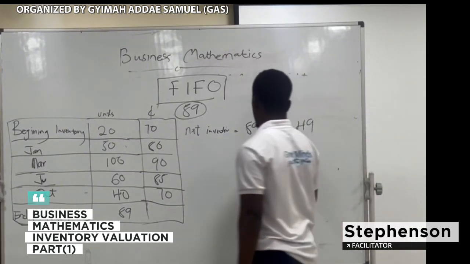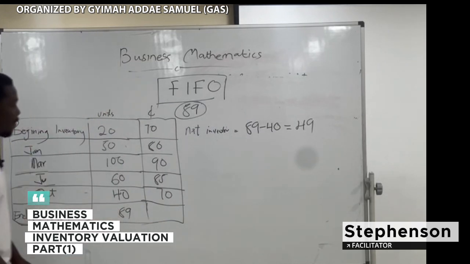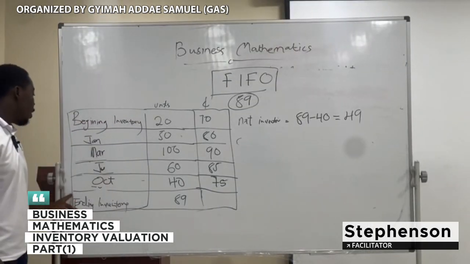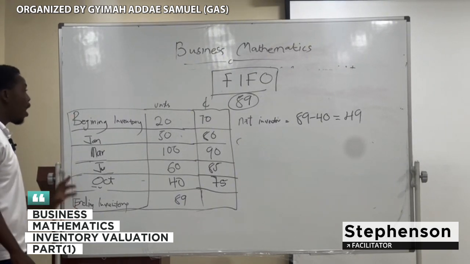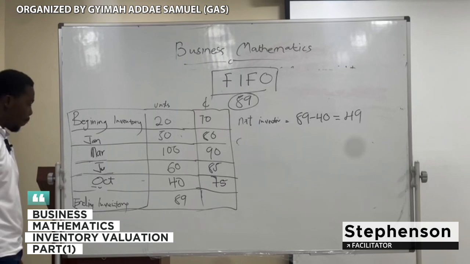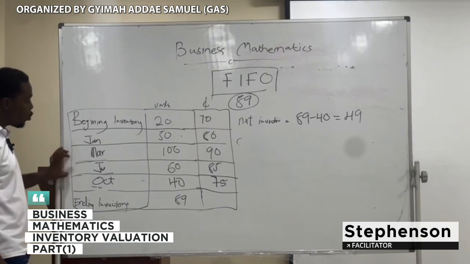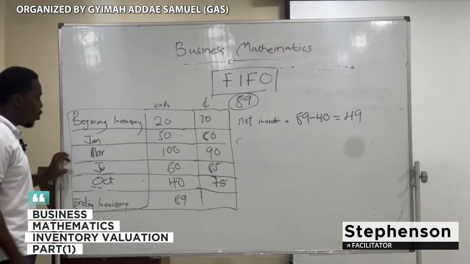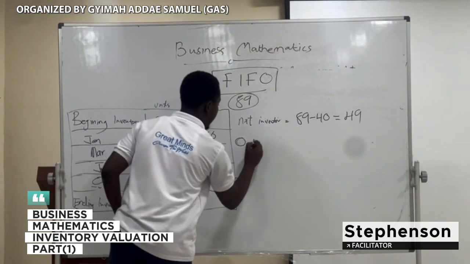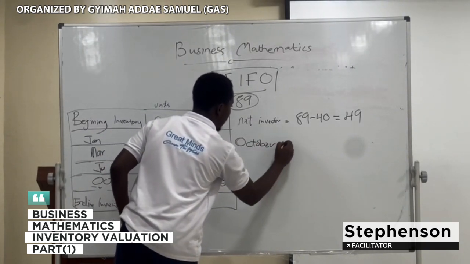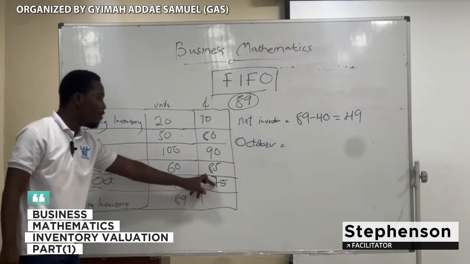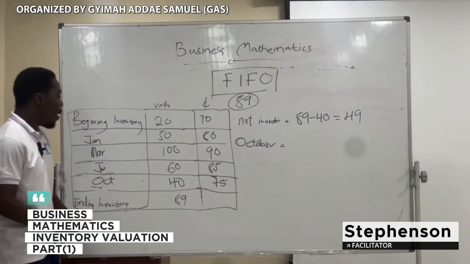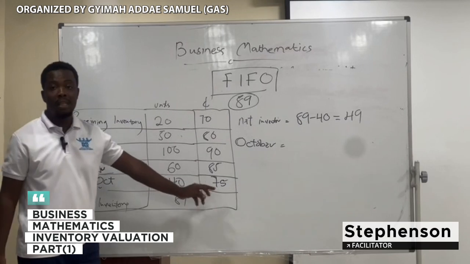Let's value the 40 here. With our rule, we start valuing our inventory from the down to the top, so we start with October. The 75 here means per every item, it costs 75.